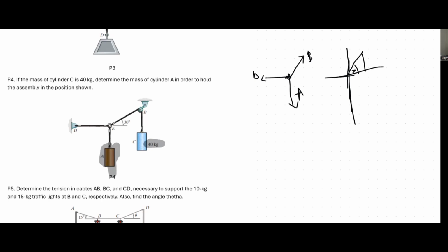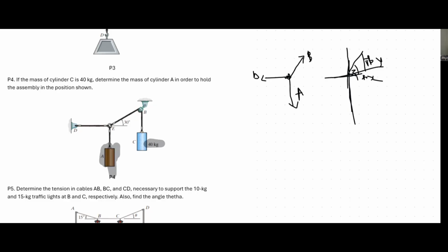This is TB, which is 40. This is TBC. So we are going to calculate the mass of cylinder A in order to hold the assembly in the position shown.